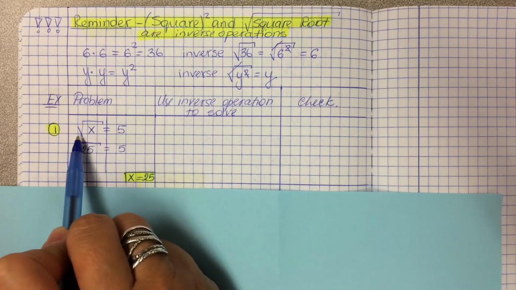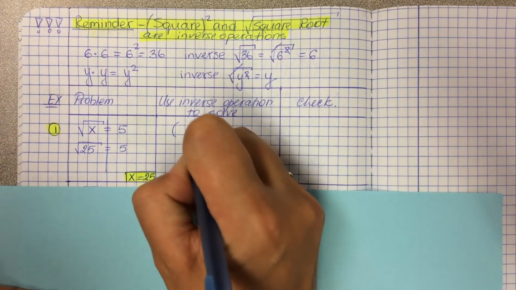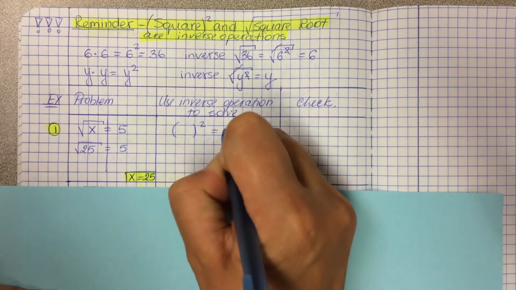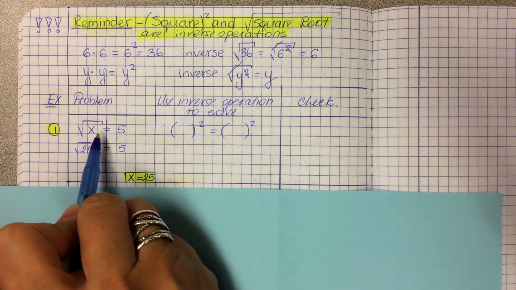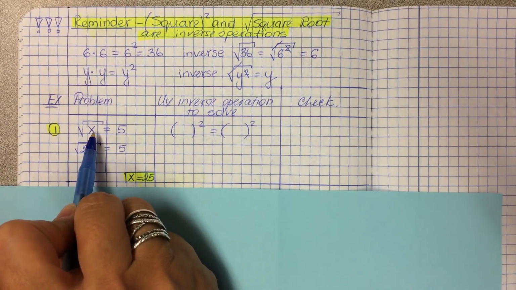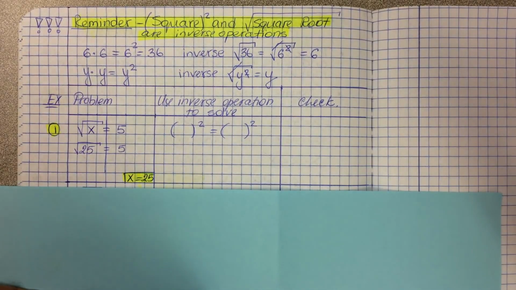Let's see how to use the inverse operation to solve this problem. In the equation, we had square root, so we're going to use the inverse operation, which is square. We are going to square both sides of the equation.